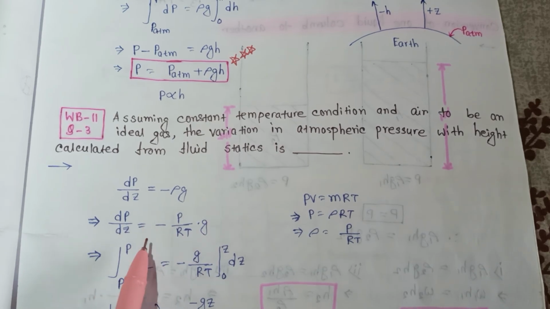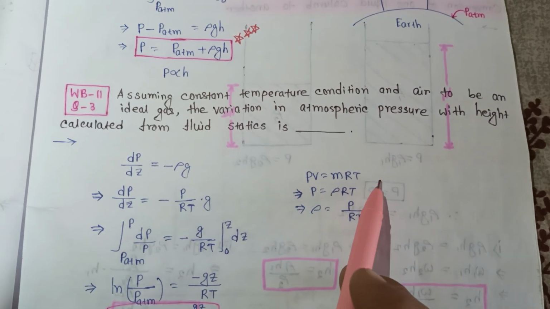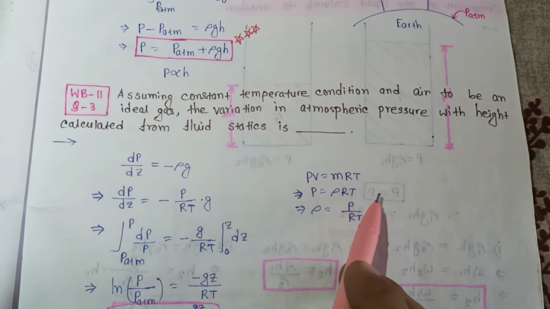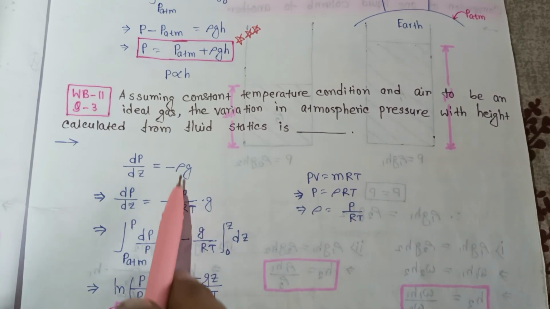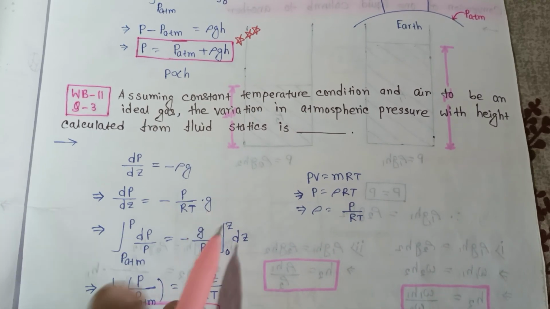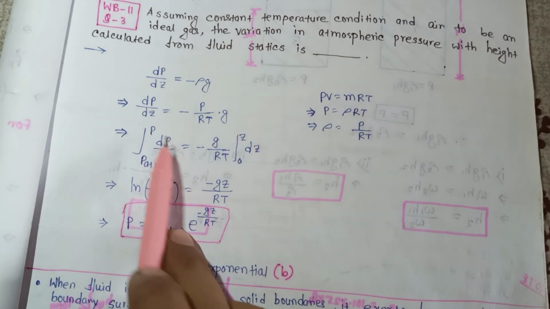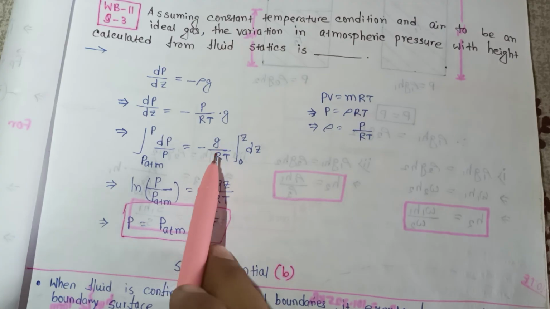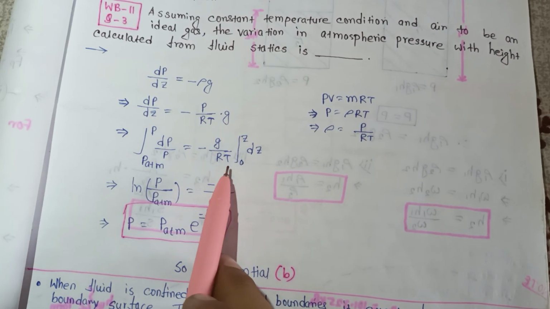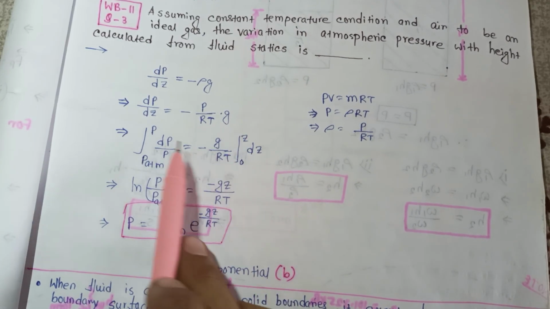From the ideal gas equation, pV equal to mRT, p equals rho RT, so rho equals p by RT. So dp by dz equals minus p by RT into g. Here integration p atmosphere to p dp by p is equal to minus g by RT integration 0 to z dz.